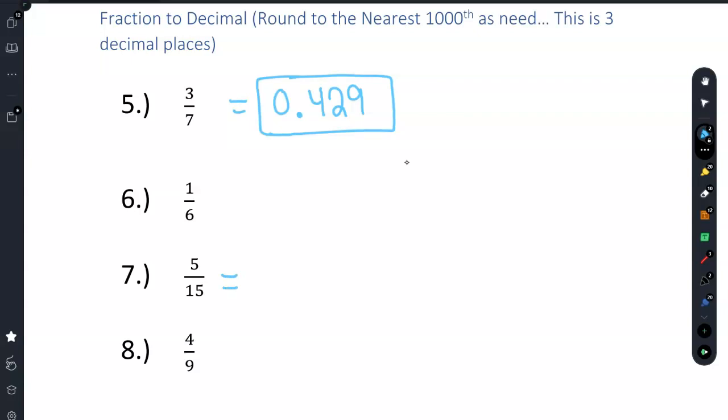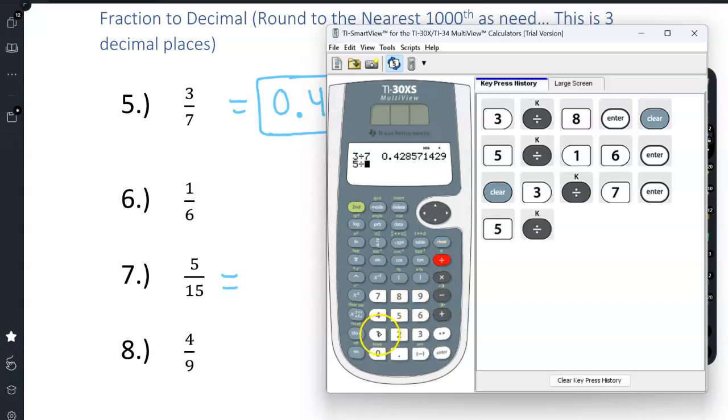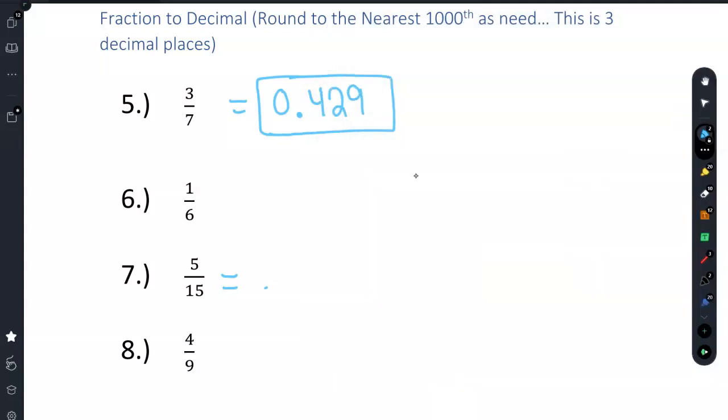So for number 7, I have 5 divided by 15. And I can see that this one is 0.33333, and the 3 goes on forever. So I'm going to look at the third 3, look to the right, it's another 3. So this one would just be 0.333.